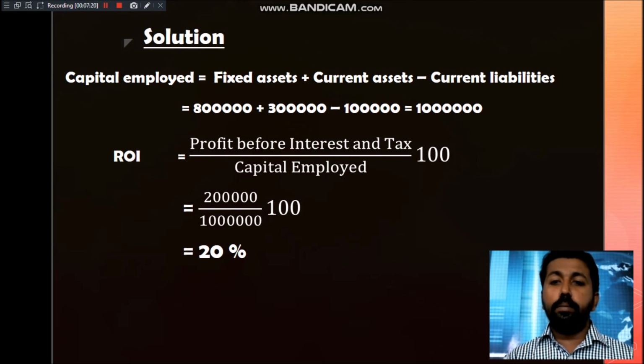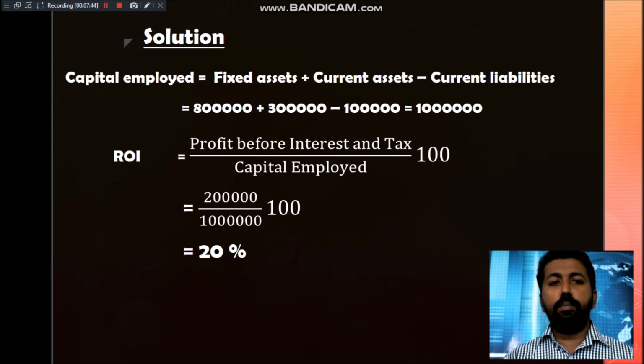That means capital employed includes the share capital plus shareholders' funds, then if there is any reserve, plus the long-term borrowings. The profit before interest and tax is given as 2 lakh. When we calculate the capital employed, we get 10 lakh.